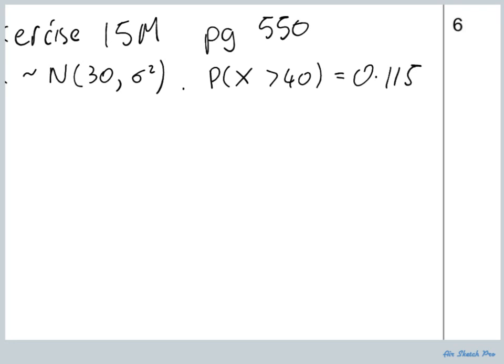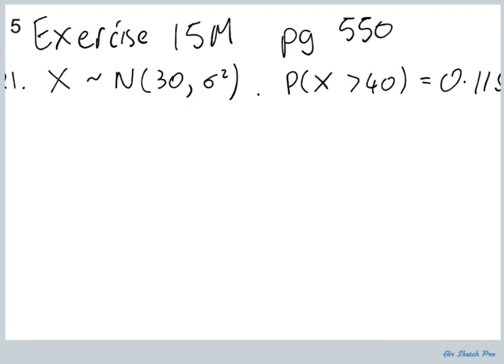But what we can do is reorganize our normal distribution by standardizing it, because we know that if it's standardized, it has a mean of 0 and a standard deviation of 1. So let's get this going, with a bit of preparatory work first.